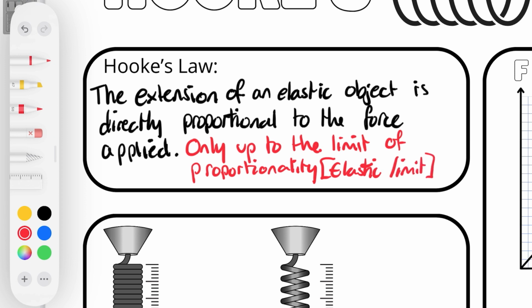You'll know this if you've ever played with a spring. You can pull it, let go, it goes back, and you keep doing it. At some point, you put enough force on that spring, you pull it far enough, when you let go, it doesn't go back to its original shape anymore. That means it has gone past this limit of proportionality, or gone past this elastic limit.